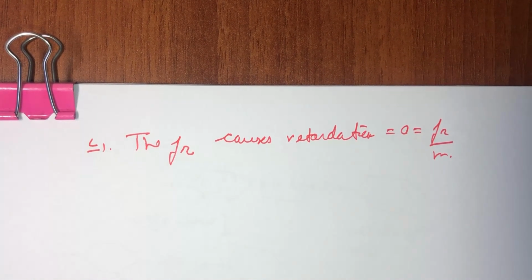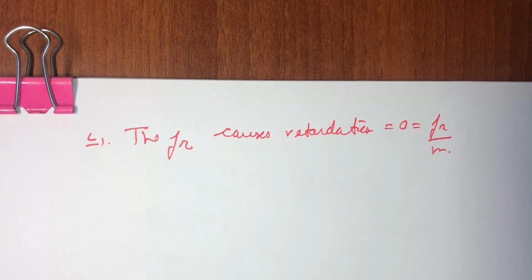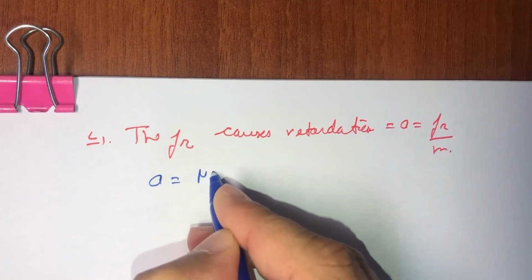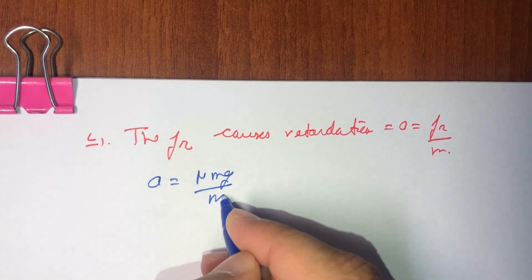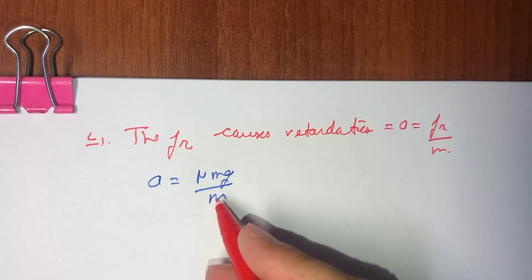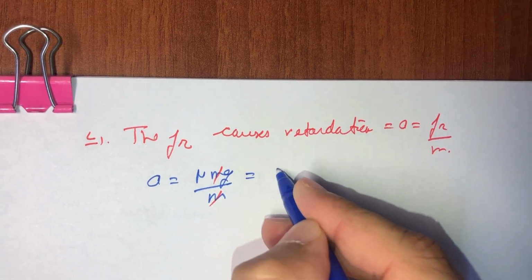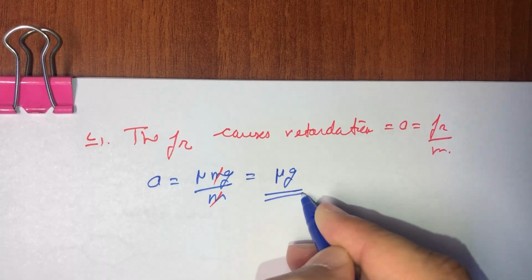And we already know that Fr is equal to mu mg. So we get a is equal to mu mg divided by m. m and m cancel out. So we get the acceleration is equal to mu g.